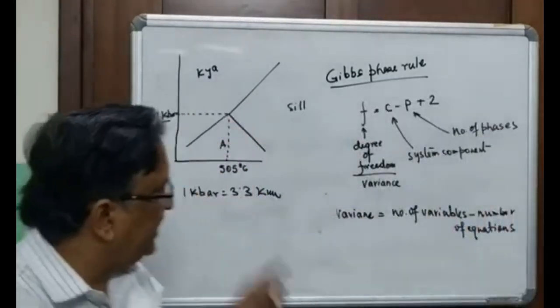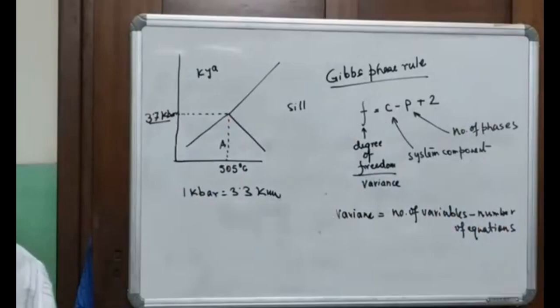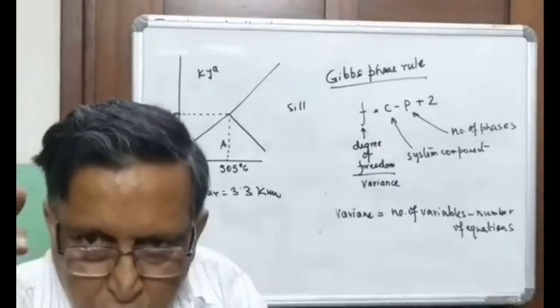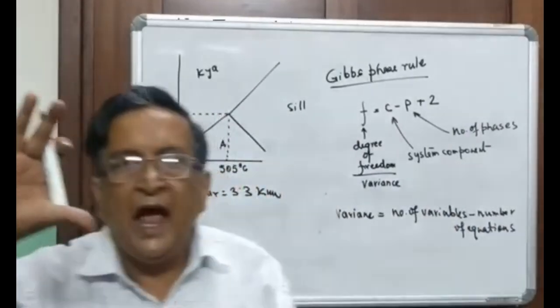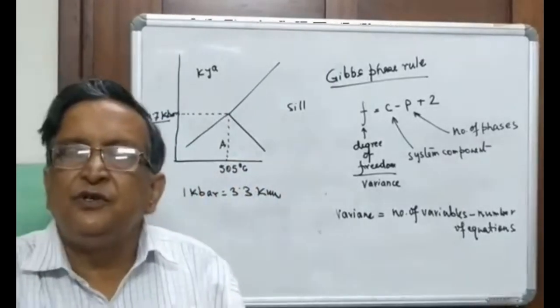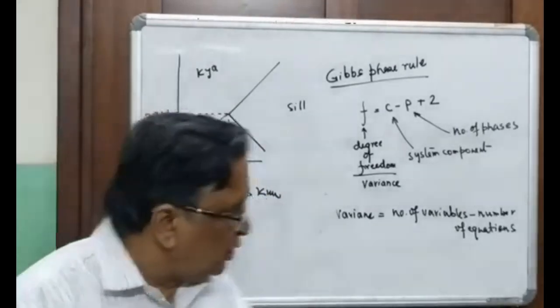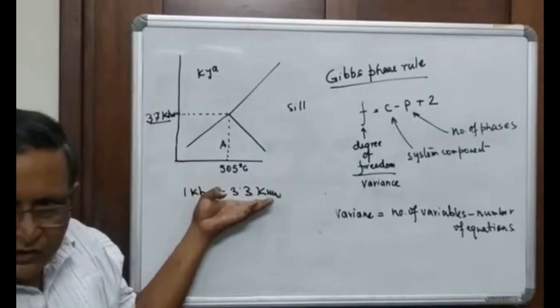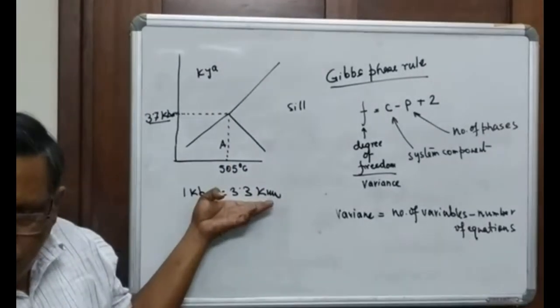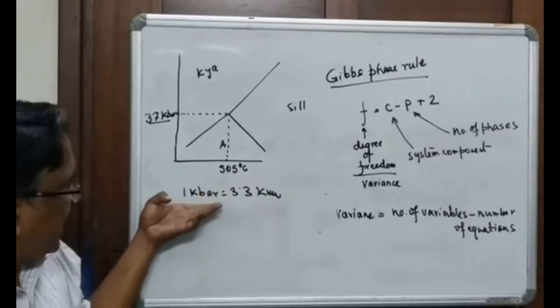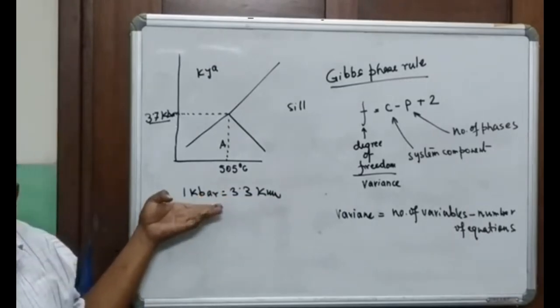So it's essentially H rho G. Height, H, rho, density, and G is the acceleration due to gravity. So 3.3 kilometers into the density into the acceleration due to gravity, and then you get 1 kilobar pressure.